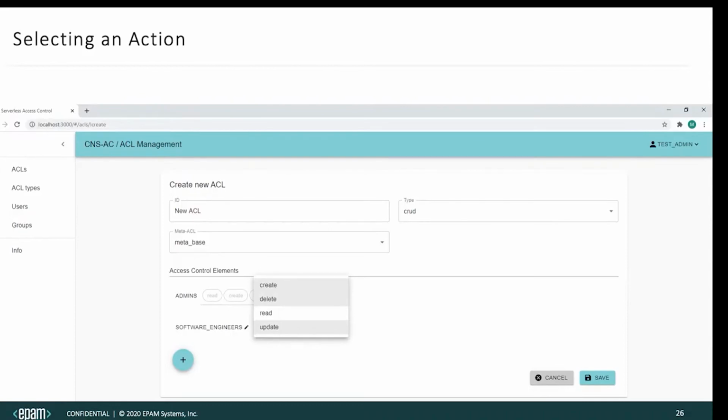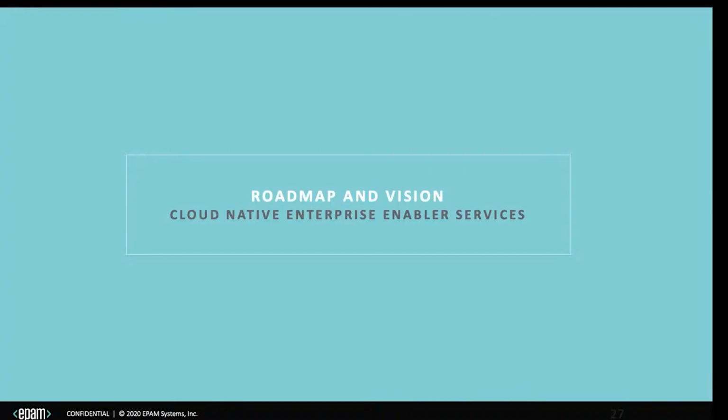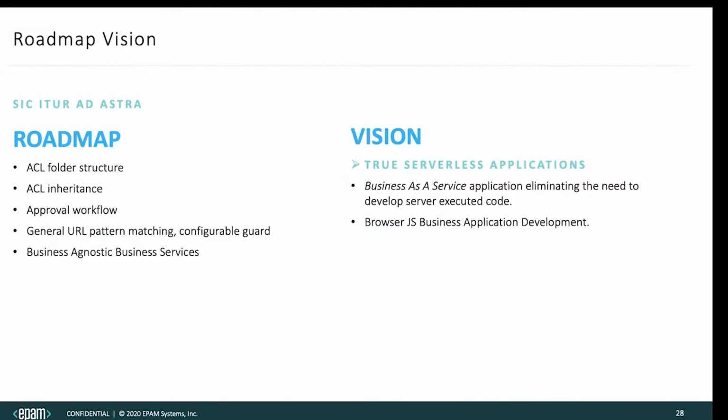Okay, this is very interesting, but the more interesting thing, which makes it very thrilling, is the roadmap and the vision. What we envision is that we can go forward and have this application used and implemented in some application which is using it for access control.